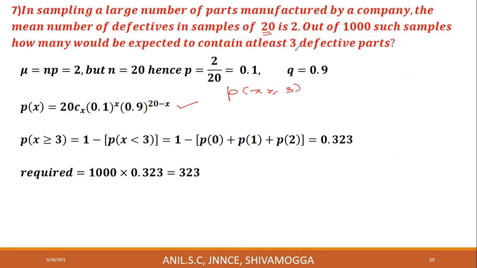At least 3 means 3 is the least value attained by X. Therefore, P when X is greater than or equal to 3. What will be the expansion? Expansion will be P of 3 plus P of 4, and so on up to P of 20, since there are 20 samples. It's very difficult to find this.